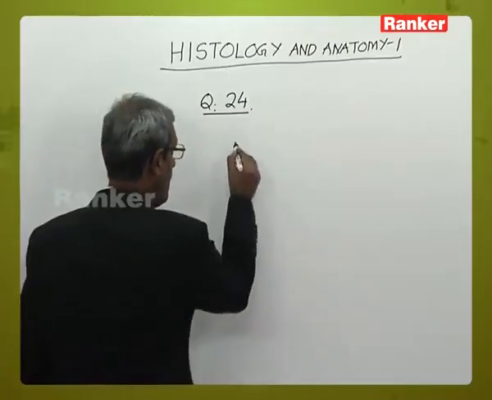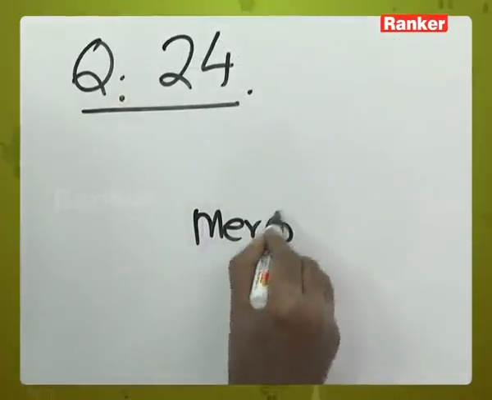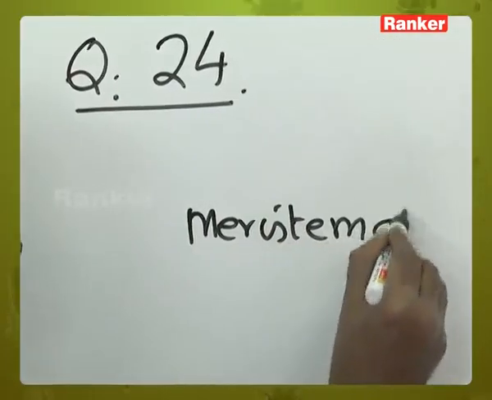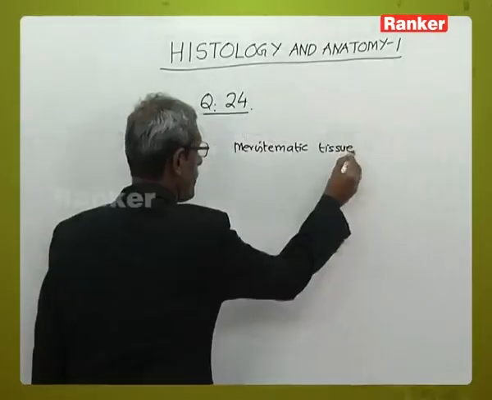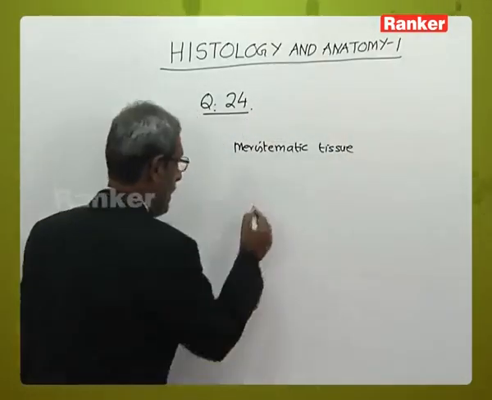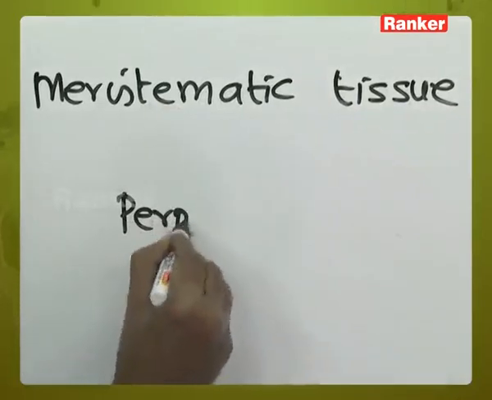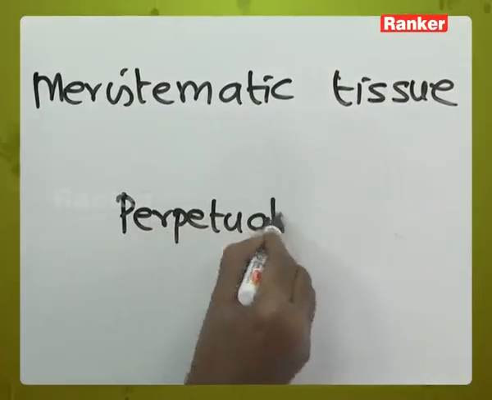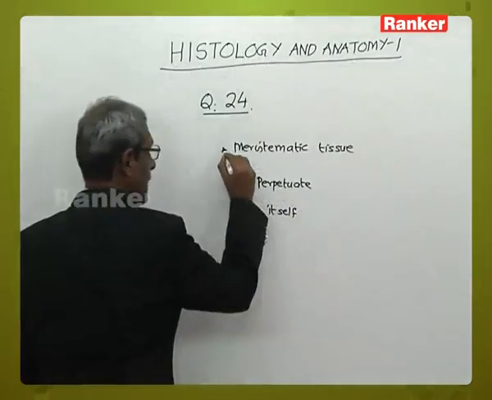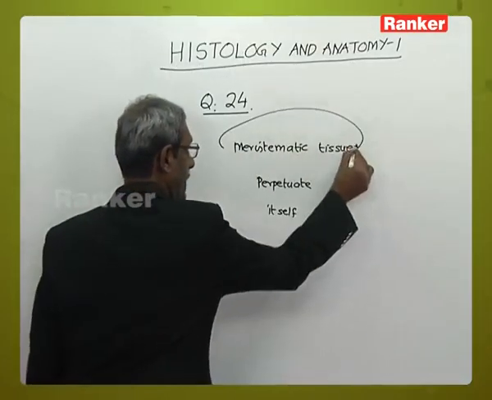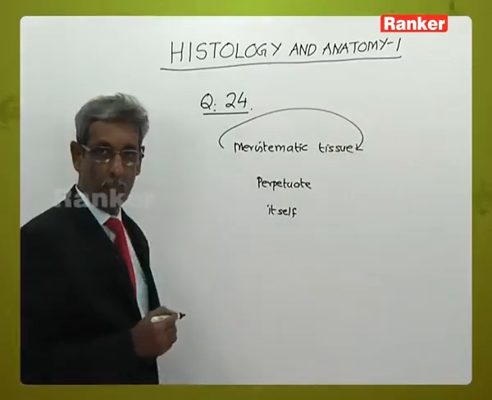When you take a meristematic tissue, it can always perpetuate itself. That means a meristematic tissue can again give rise to another meristematic tissue.